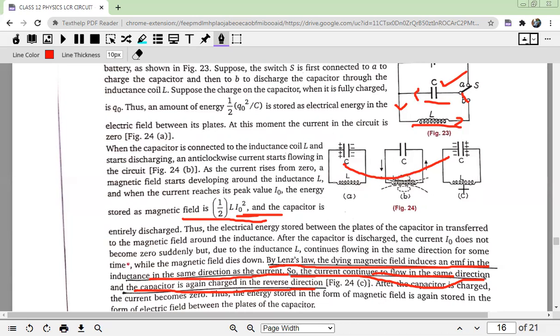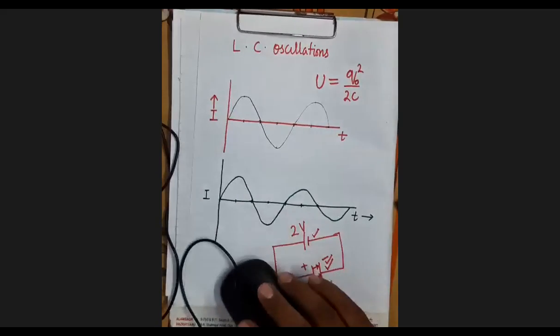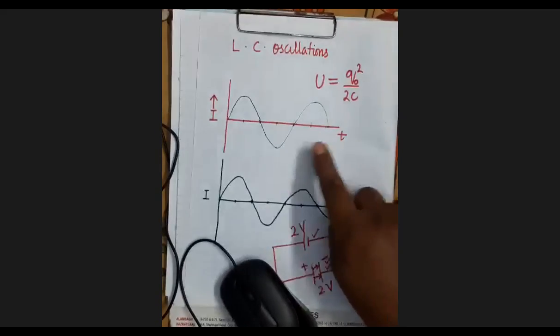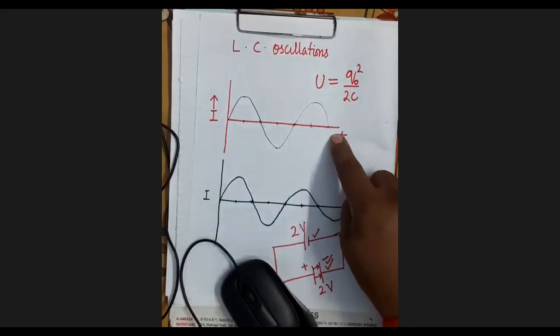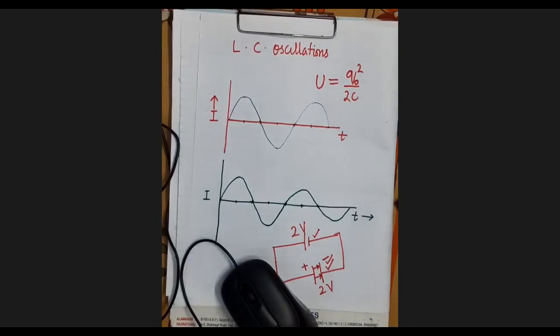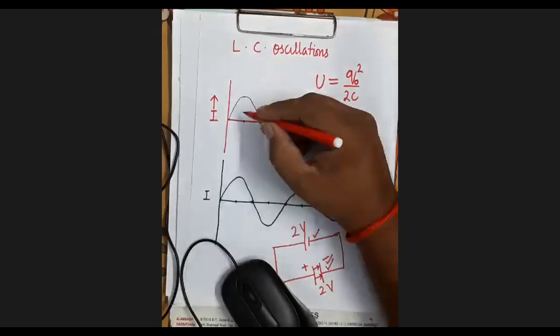And if we assume that there is no resistance of this inductor, meaning there is no loss of energy, it will charge to the same potential as before. And in that case, what will be the graph of current versus time? Current versus time graph will be this. There will be the same magnitude of current.